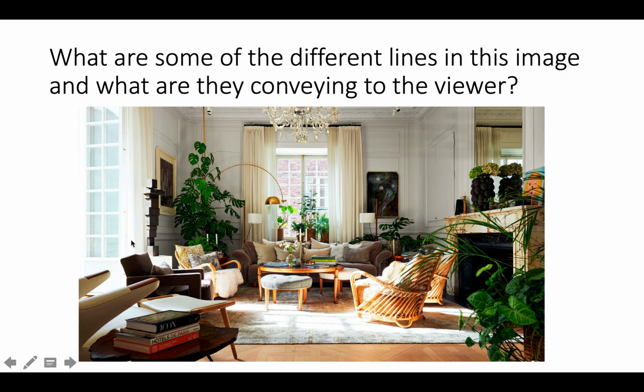We've got this statue here, this upright statue that's vertical and attentive. This arc here is kind of playful, but also kind of relaxing and soothing. These lines here of the plants, all the lines of the plants, they're kind of all over the place, and they kind of add an energy to the space that is otherwise kind of calming and soothing, okay?